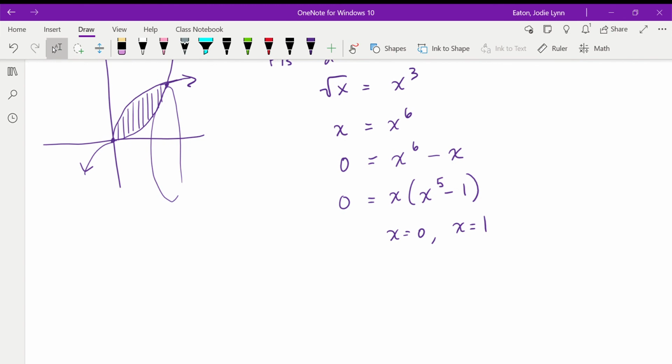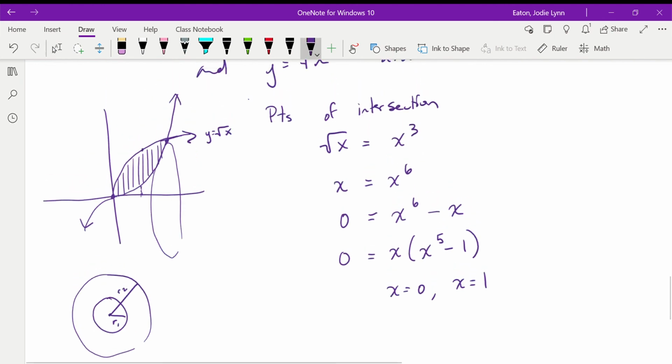Since there is a gap between the axis we're rotating around, when we look at a cross-sectional piece, we are talking about having washers. So we have an R2 and we have an R1. We can also see that from the x-axis, y equals radical x is going to be the further away one, and y equals x cubed is going to be the closer one.